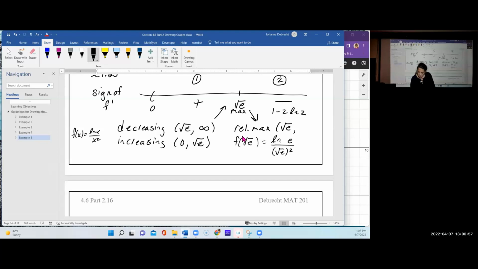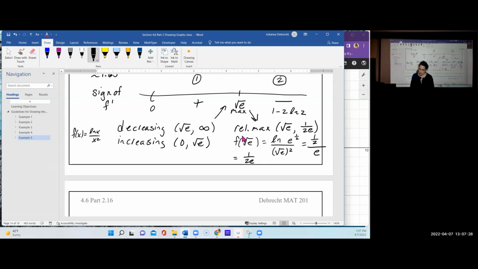Now, I can also think of this as e to the 1/2 power, which is better in this case, because the natural log and e to a power, they're inverse operations. They undo each other. So I get 1/2 from the numerator and e in the denominator. So I have 1/2 divided by e, which is equal to 1 over 2e. So my relative maximum is at 1 over 2e.